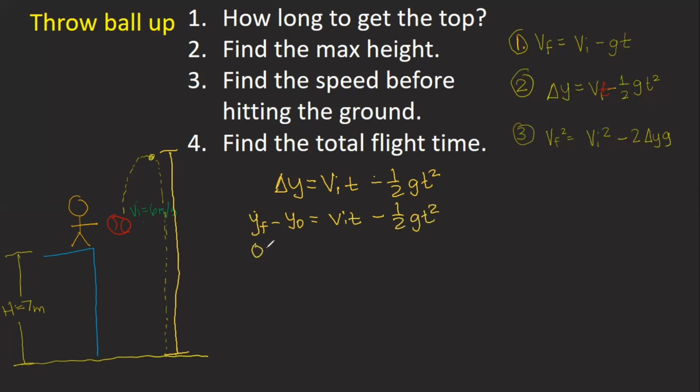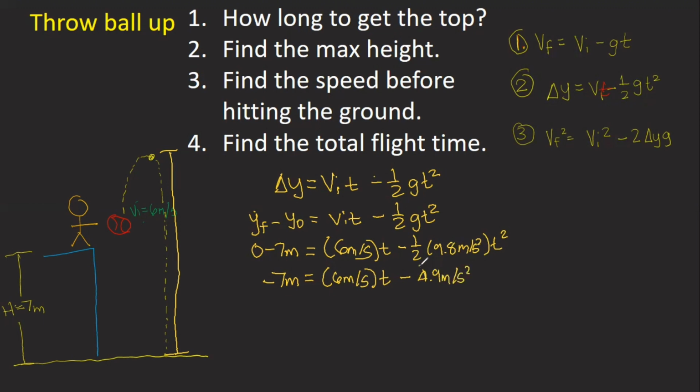So we have here 0 minus 7 meter equals 6 meters per second times time minus 1/2 times 9.8 meters per second squared times t squared. So we have here negative 7 meter equals 6 meters per second times time minus 4.9 meters per second squared times the time squared.